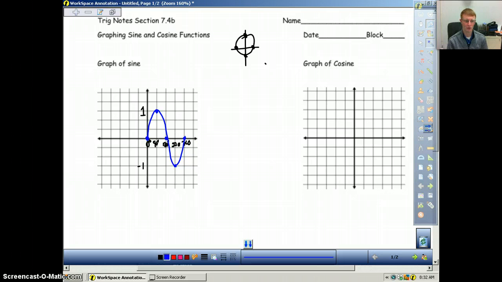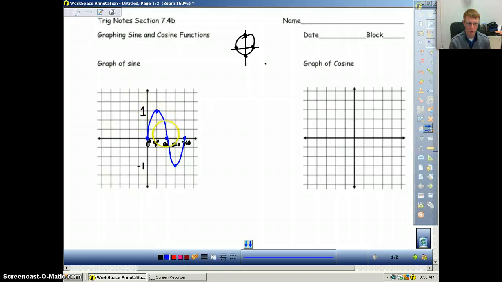Now, what you should understand is that, remember we've said over and over again that this can keep going around and around over and over again. It's a cyclical function. So what we've done is we've gone from 0 to 360. Now we're going to learn this in the future, but what this constitutes is one full period of our sine function.